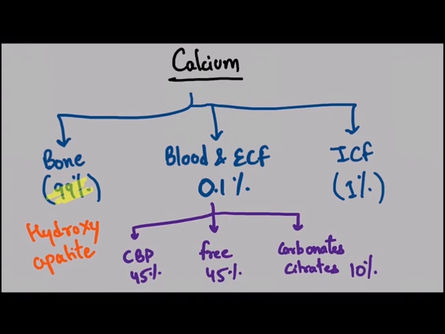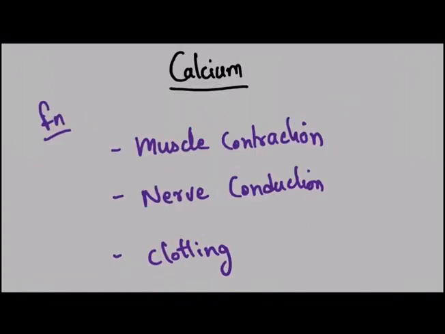99% of the calcium is present in the bone in the form of hydroxyapatite, which is the storage form. 1% of the calcium is present in the intercellular fluids in the cells. 0.1% of the calcium is present in the blood and extracellular fluid, out of which 45% is bound to proteins, 45% is in the form of free calcium, and 10% is present in the form of carbonates and citrates.